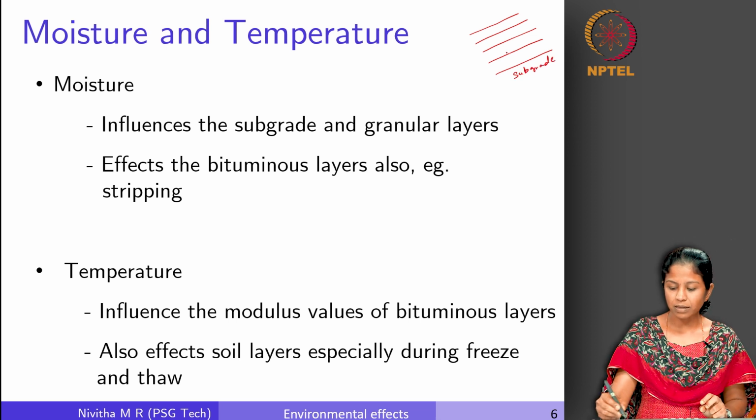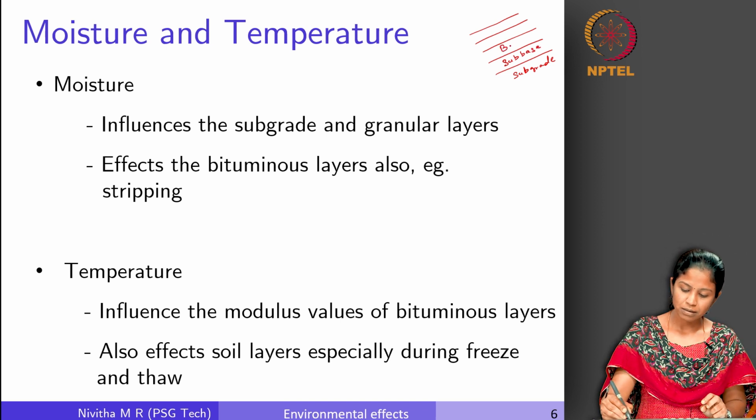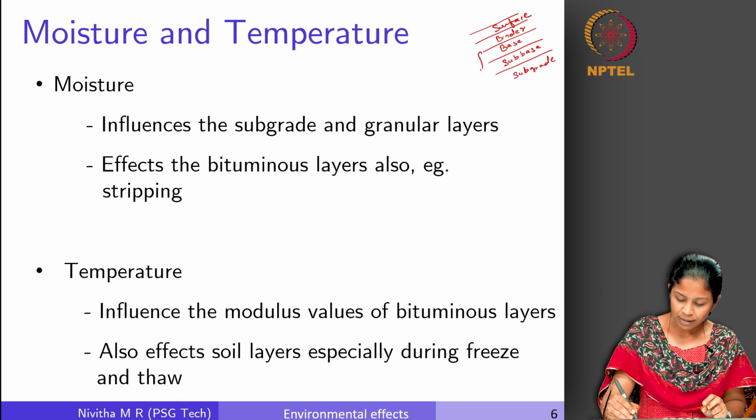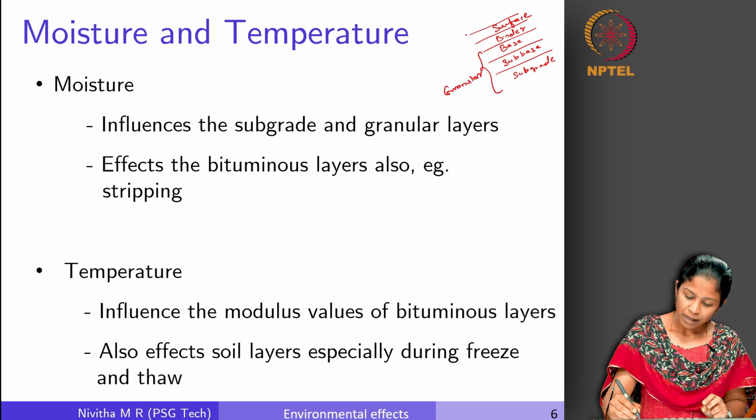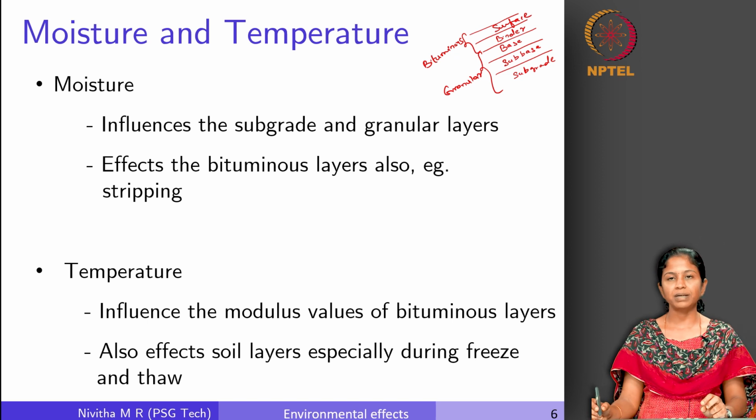We have the subgrade, subbase, base, binder and surface course. So, we said these three layers are granular, and for a typical bituminous pavement these two layers are bituminous layers.